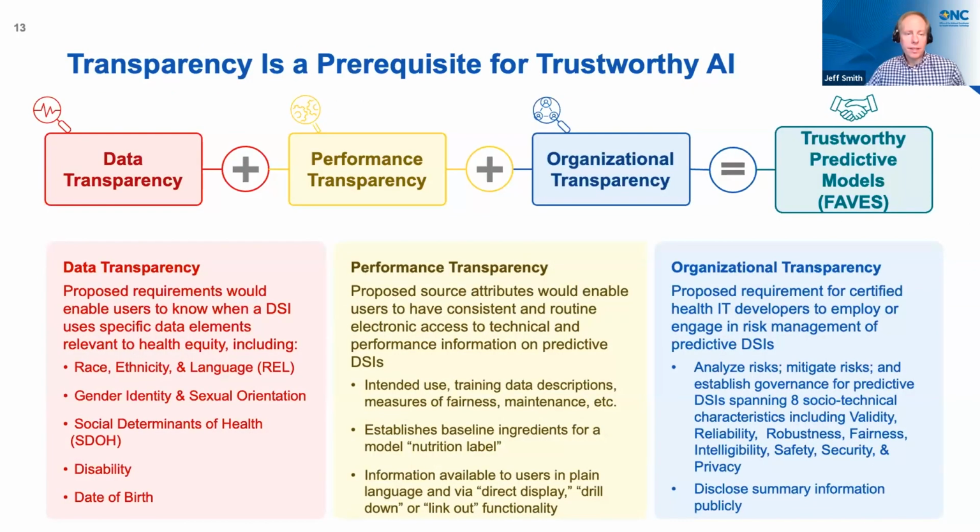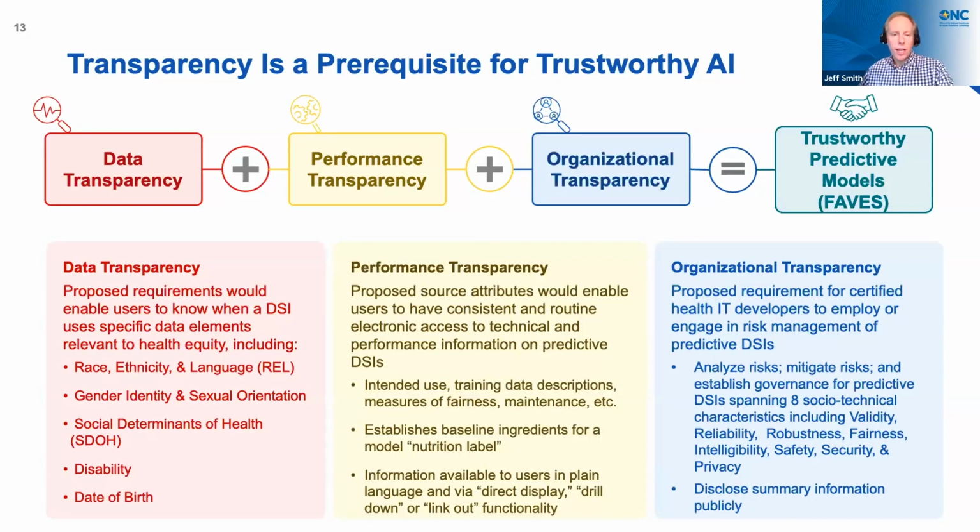This gives you a little bit of a high level snapshot of the logic that we had. So we thought if we could create data transparency on which data elements, especially those that are salient to health equity by design, are used in a predictive model, if we could bring transparency to the performance of that predictive model, and transparency to the organizational competencies of the individuals and firms that develop these models, we could have a demonstrable impact on the trustworthiness of these predictive models.